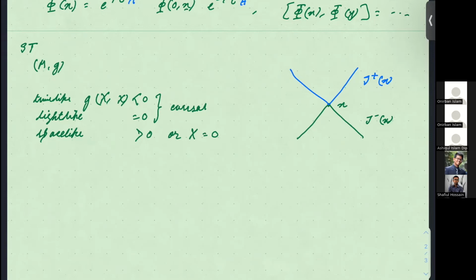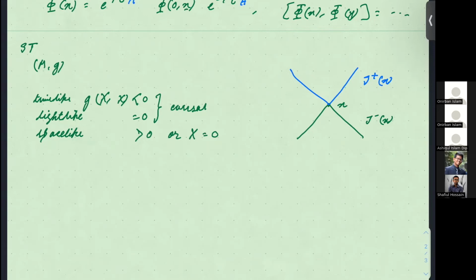I don't understand the X equals 0. If X is 0, how can g(X,X) be greater than 0? No, it's or, I mean, either there is a non-zero X for which the inner product is positive, or X is 0. There are some classifications where they put X equals 0 separately.